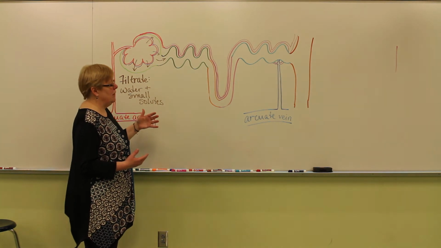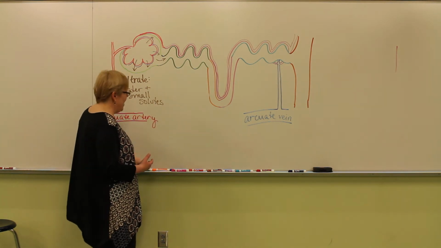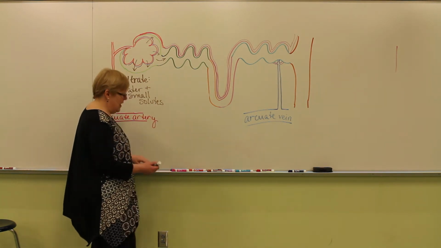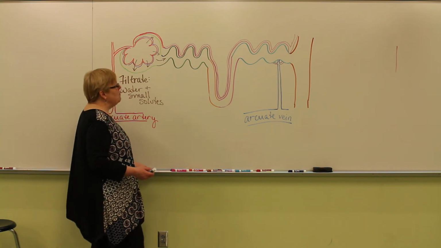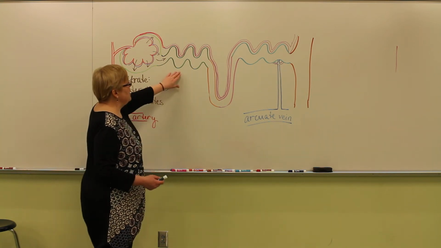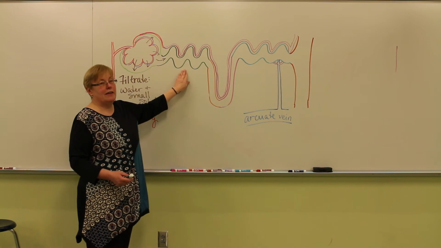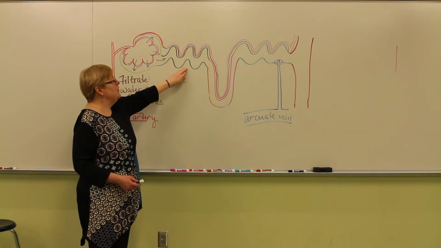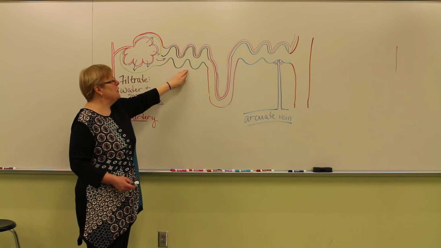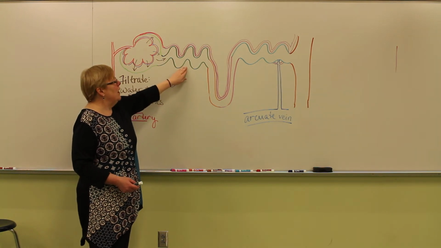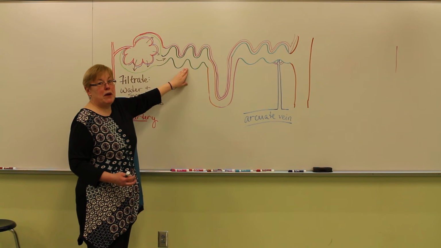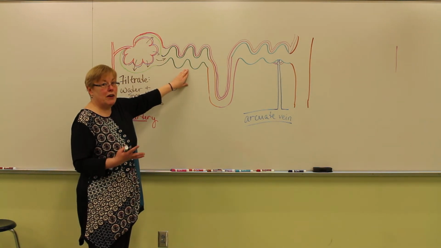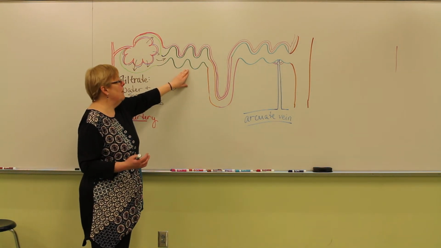Now, based on the anatomy, we already know that this is the most active area for reabsorption. And we know that because this is the only section of the renal tubule that has an epithelium with microvilli, so more surface area for reabsorption to occur.